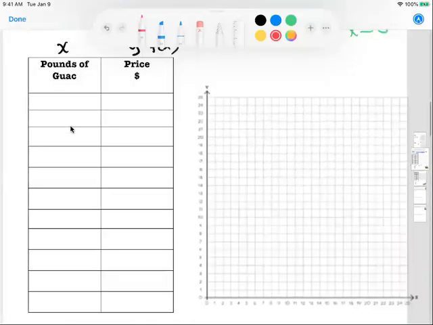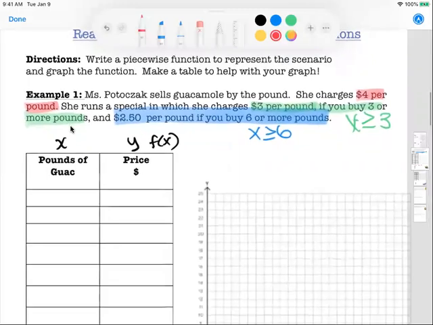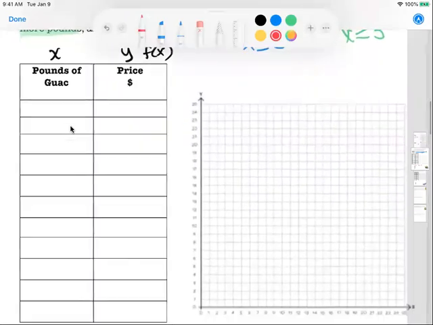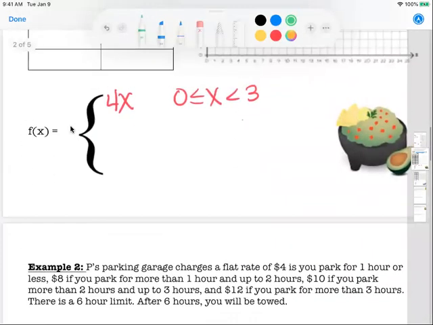So the discount at that next bulk rate was $3 per pound if you buy 3 or more. And then the last one was 6 pounds. So this component will be 3x from 3, which is included, up till 6, but not including 6 pounds.